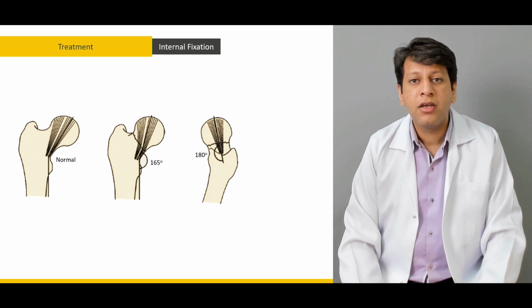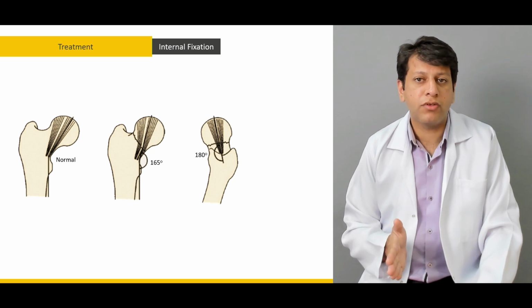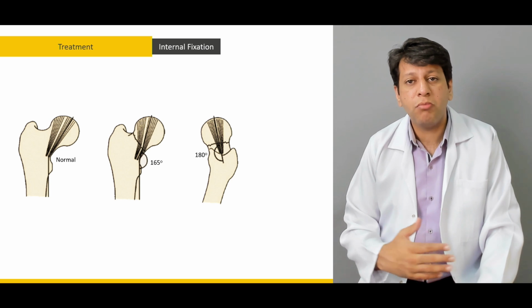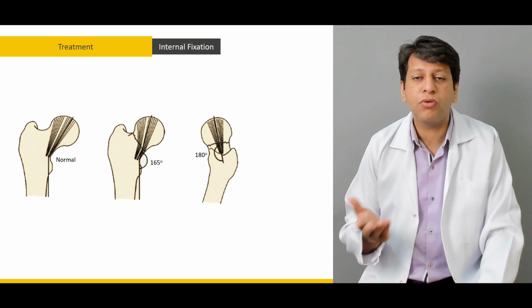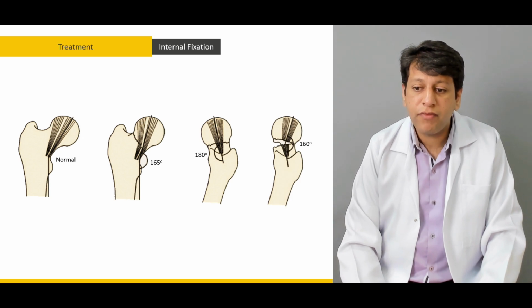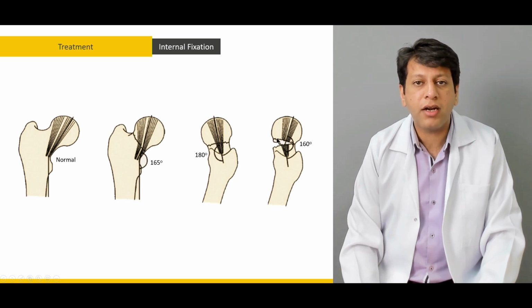Ideally, it should be 165 to 180 on the lateral side, or 165 on the AP view. But that is the ideal. The range usually means anything between 160 to 180 is acceptable. But if this is not acceptable, if you see this, there is definitely displacement which is visible on the lateral view.